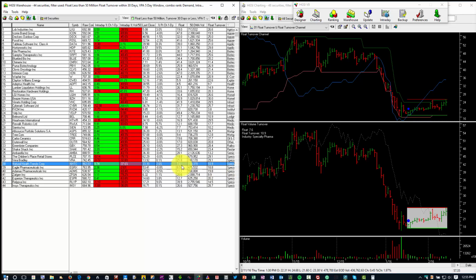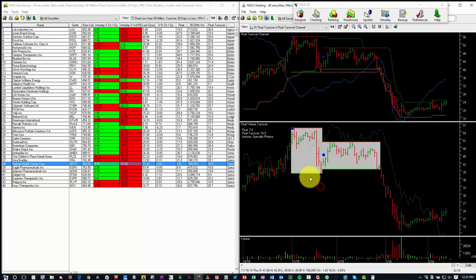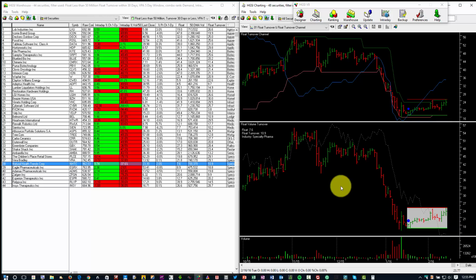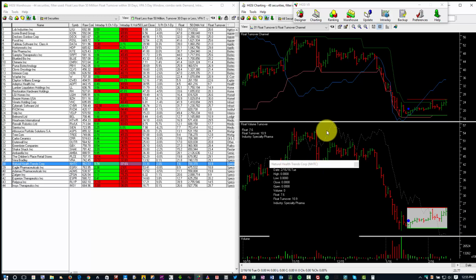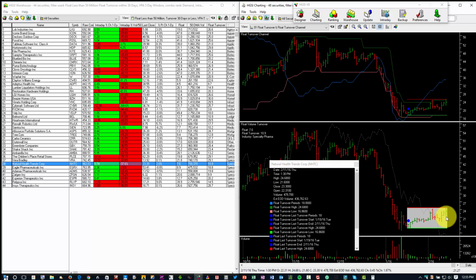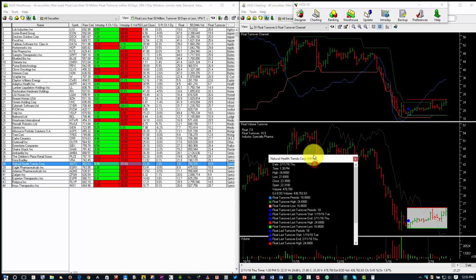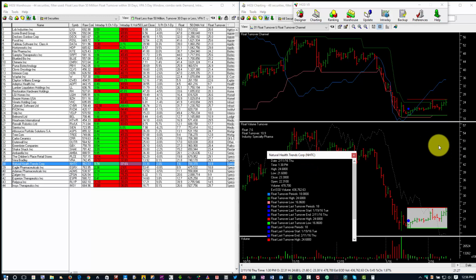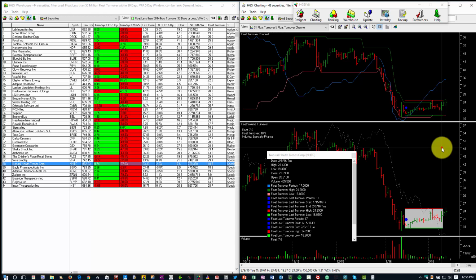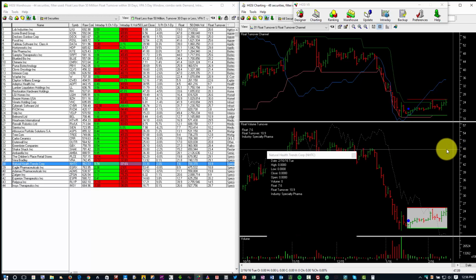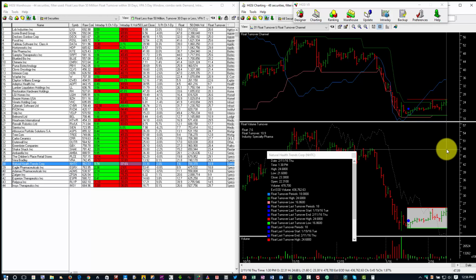I do want to point out that these numbers don't necessarily agree with the actual float numbers over here. I want to bring up the information window, and I need to move back here. I'm going to put my crosshair on, and then I'll just back it over until we get yesterday's information, which was a Thursday.